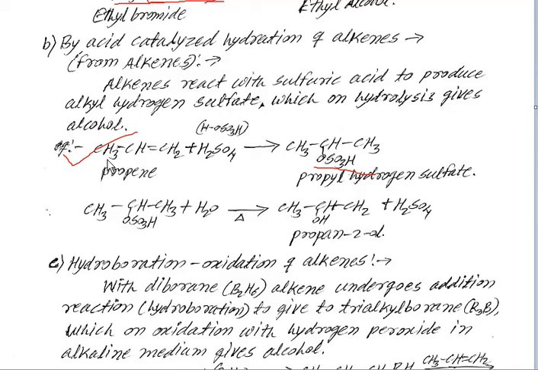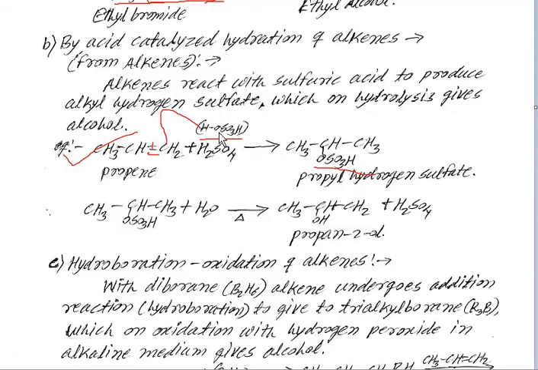When propene reacts with H2SO4, that H2SO4 we can also write as HOSO3H, for your understanding. When the propene reacts with that H2SO4, the double bond between these two carbon atoms, the pi bond, is broken, and one hydrogen atom is attached to that carbon atom.